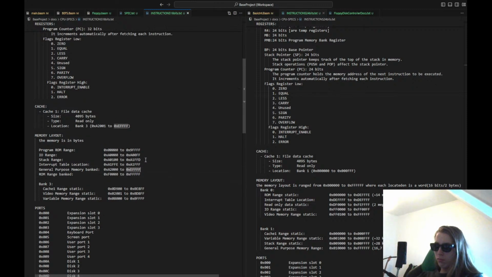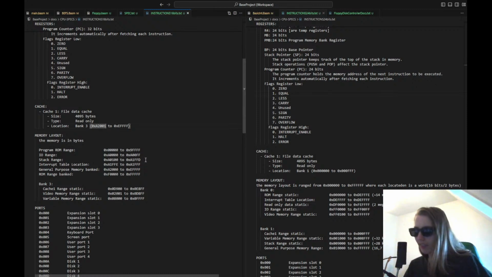Let me see. So we need to have ourselves a 4 kilobyte space in here in some bank. Why don't we just take the top here and bank 2 or something like that.